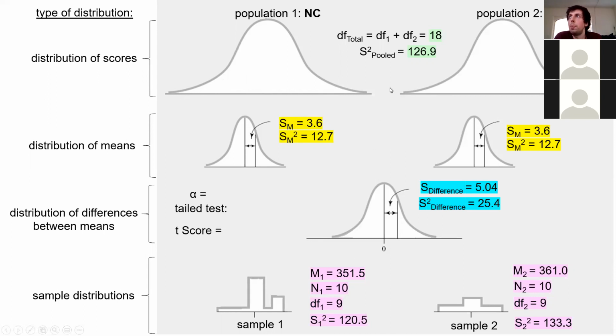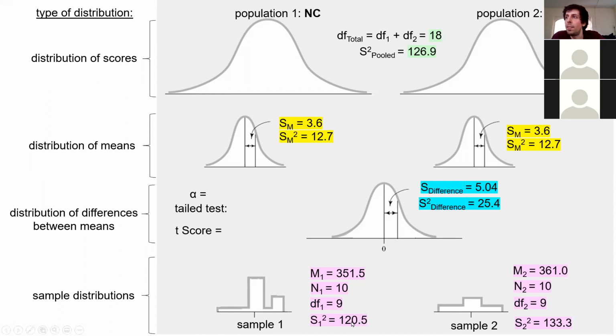And because we need to come up with a single estimate of the variance for both populations, it's going to be somewhere between whatever the lower sample variance is, whether that's for population 1 or population 2, and whatever the higher one is. The pooled estimate is never going to be lower than the smaller variance sample in this case, and it's never going to be higher than the sample that has the higher variance.